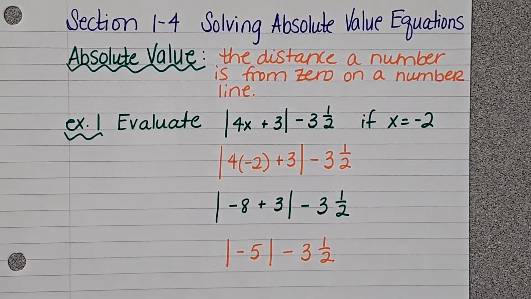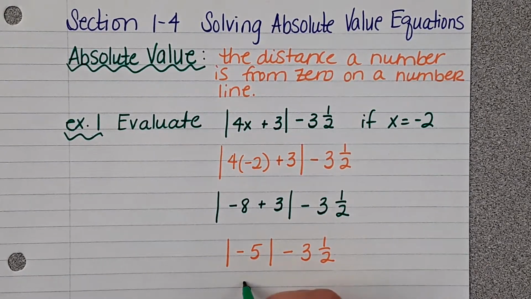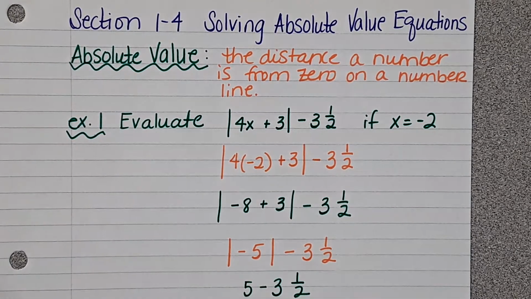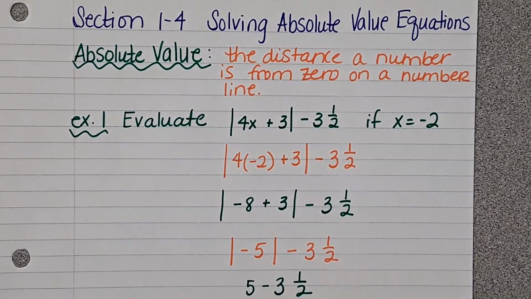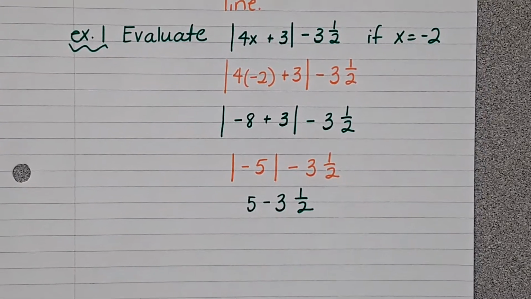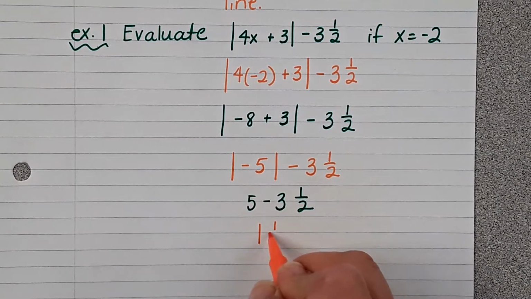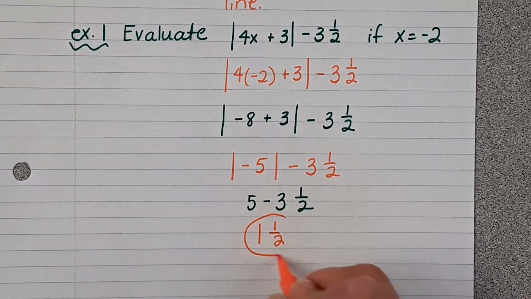So anytime you think of absolute value, guys, you're asking yourself, how far away is negative 5 from 0? And you guys told me it is 5. So 5 minus 3.5. What is 5 minus 3.5? 1.5. It is 1.5. And that is your answer.